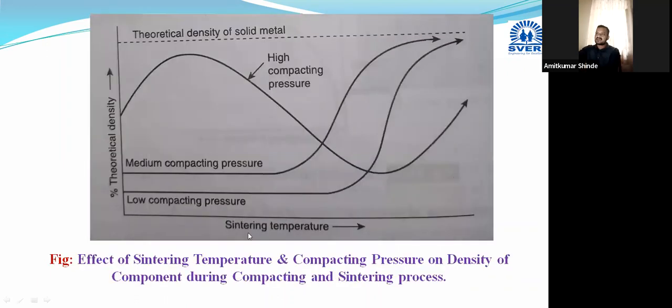The next parameters are sintering temperature and compacting pressure: low compacting pressure, medium compacting pressure, and high compacting pressure. This is the graph which shows the effect of compacting pressure and sintering temperature on the density of that component.